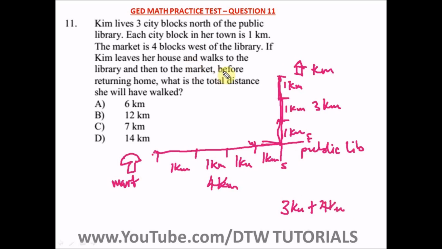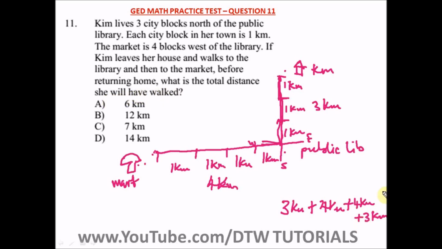Then before returning home, she needs to return from the market to the public library, which is another 4 kilometers. Then from the public library to Kim's house is another 3 kilometers. That would be the total distance she would have walked.